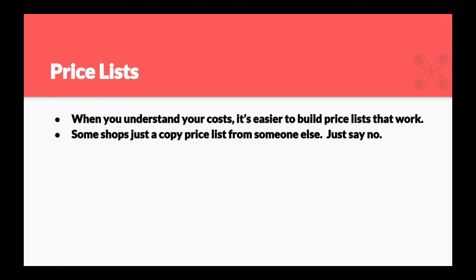Also, maybe they are making money. Maybe they're awesome. But you know what? Their costs, their overhead, their consumables, their labor, all of that stuff is completely different than yours. And so when we use somebody else's price list, that doesn't necessarily mean we're going to make any money. So it's really a bad practice to use somebody else's.